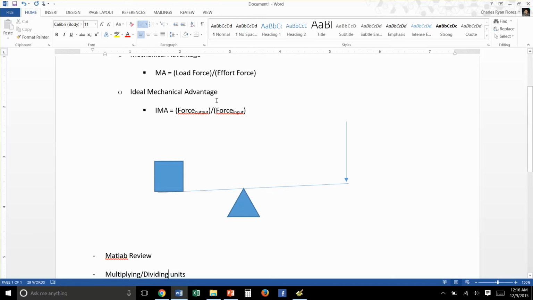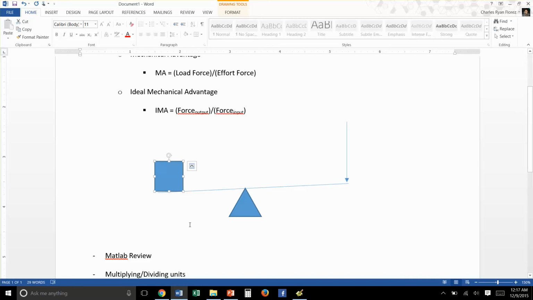In this case, we have this fulcrum here, like a seesaw kind of thing, and your effort force or your input force is, I should have labeled it, this arrow here, and your output force would be essentially the weight here. I know it's like, wait, what are you talking about, Charles?